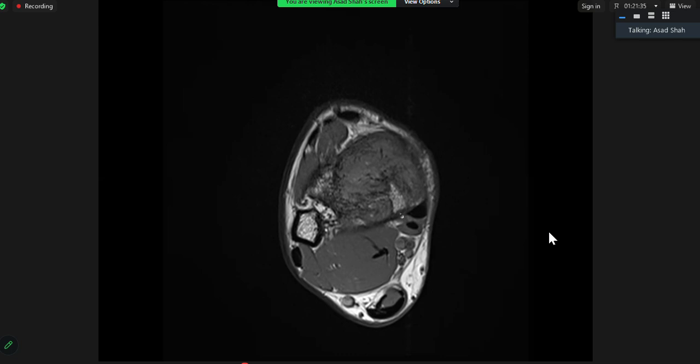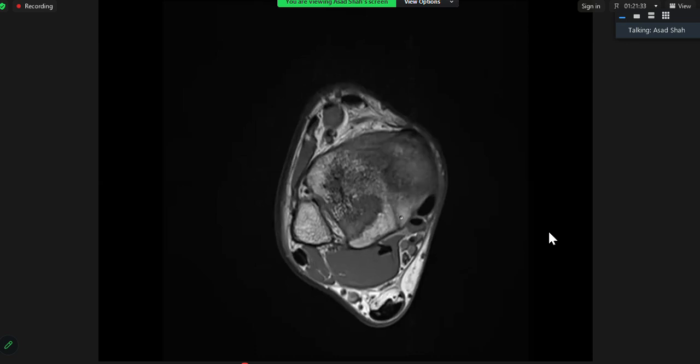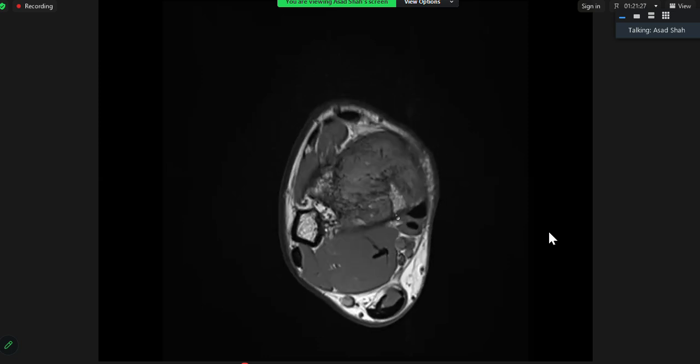So never use zone of transition on an MR. You can use it on X-ray: a well-defined lesion with a narrow zone of transition, or ill-defined with a wide zone of transition. That's fine. On MR, say it's a well-defined or ill-defined margin with the normal marrow, but don't go for narrow zone of transition because that doesn't apply on MR.